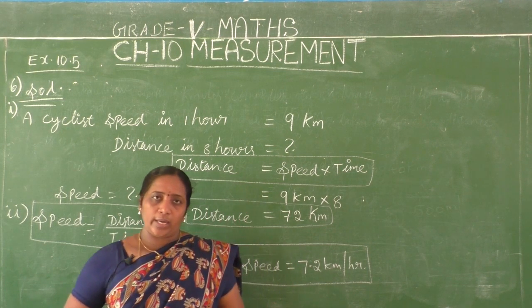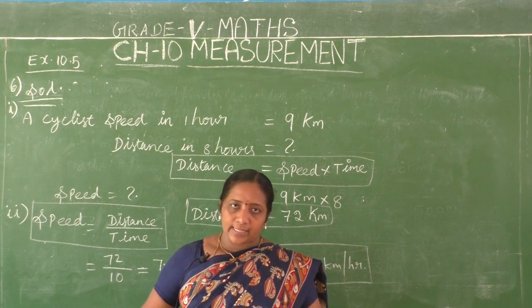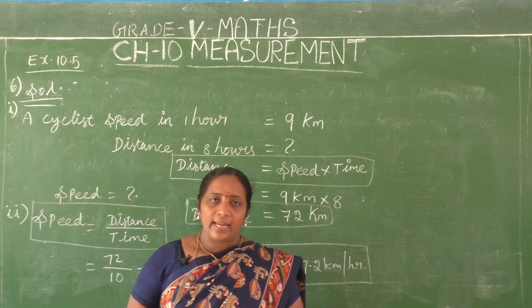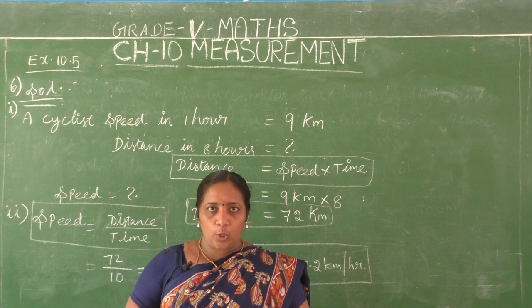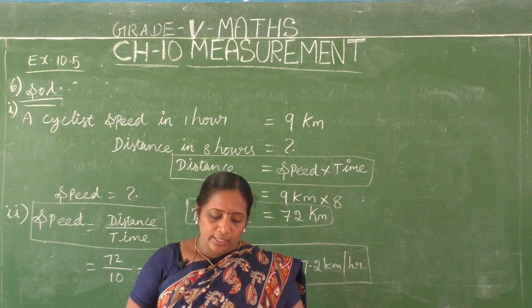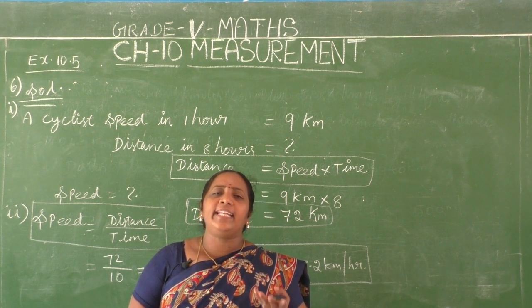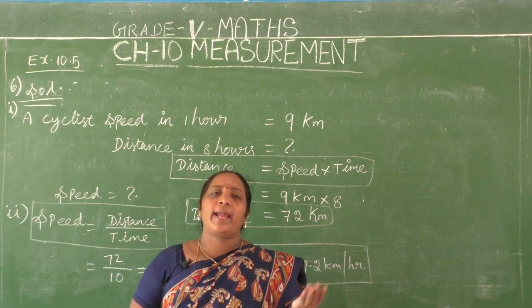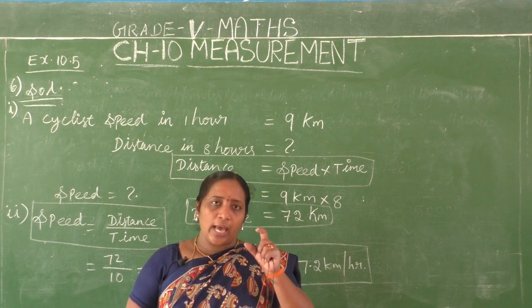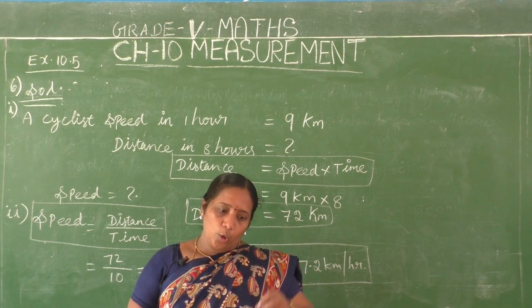Then on page number 119, after exercise 10.5 they gave one lab activity. You have to do that activity at your home. Very simple activity only. Find the weight of the following. They gave the coins. You have to find and write the weight of the coins. You have the coins, now you are staying at your home only, no?